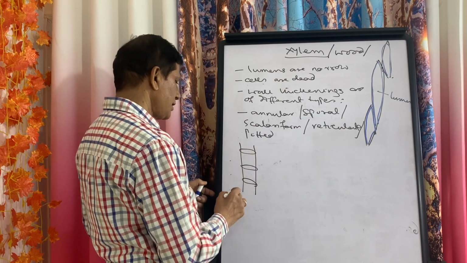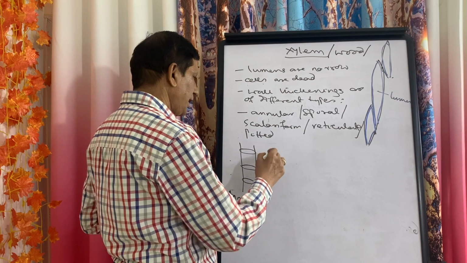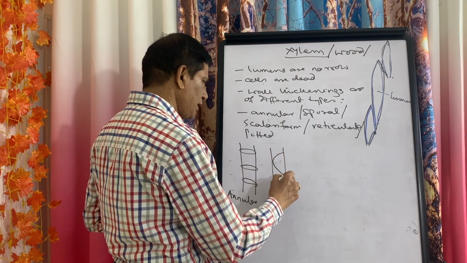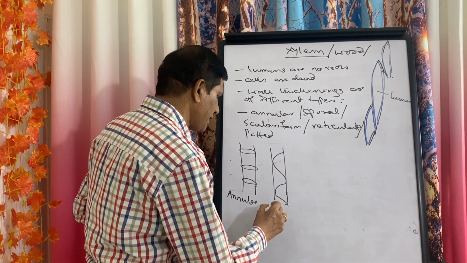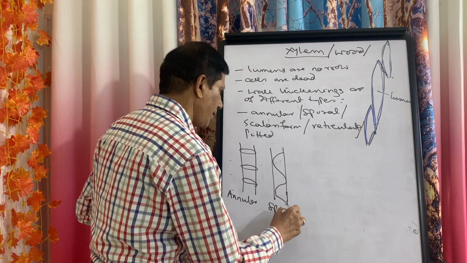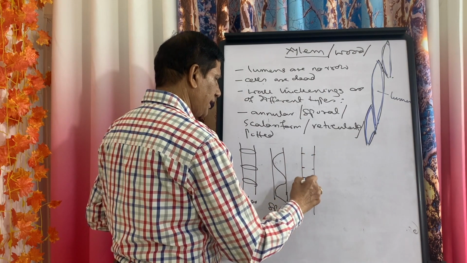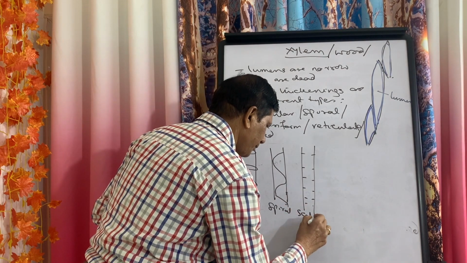Then this is known as annular. If the thickening is present just like that of the spirogyra, this is known as spiral. If it is present like a ladder, then it is known as scalariform.